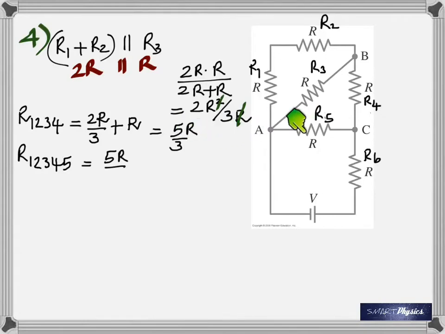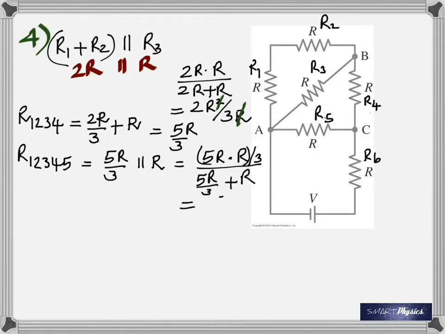But then when you include R5, you see once again that the current that reaches here is now going to split into two. One through R5 and the other part through R6. So this time R5 is in parallel. Okay, so 5R by 3 is in parallel with R5. So you have to go for the product by sum again. Do the math carefully.